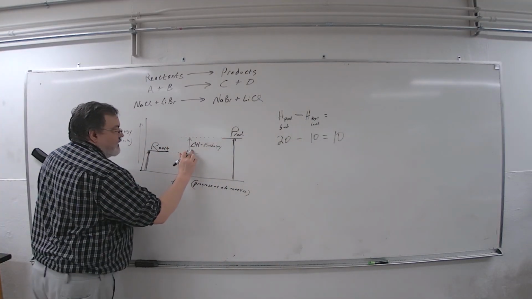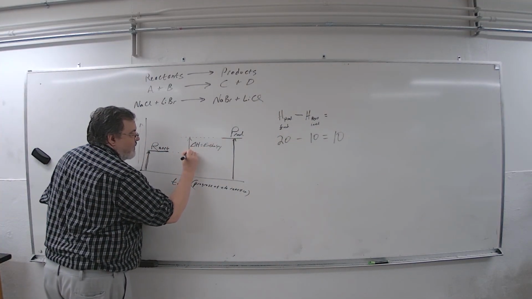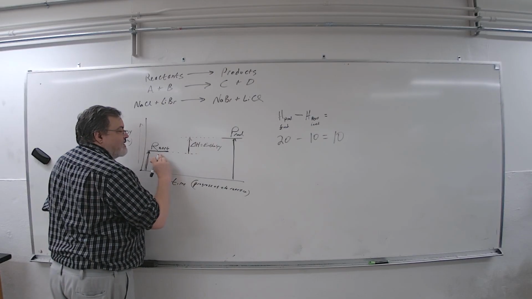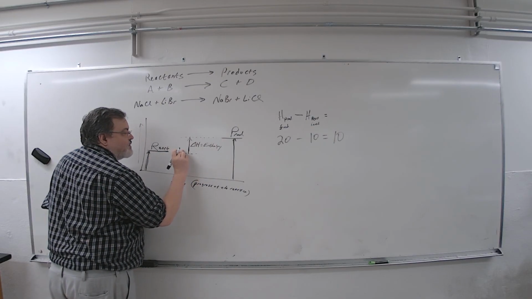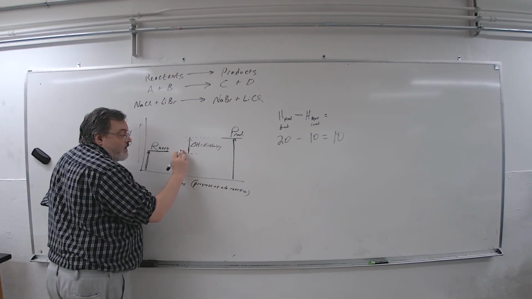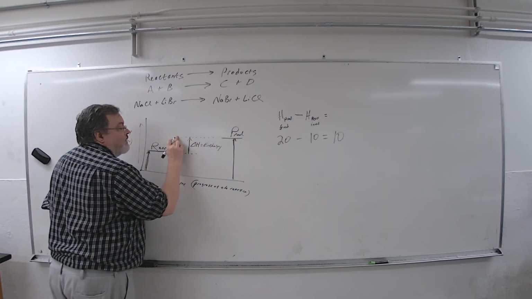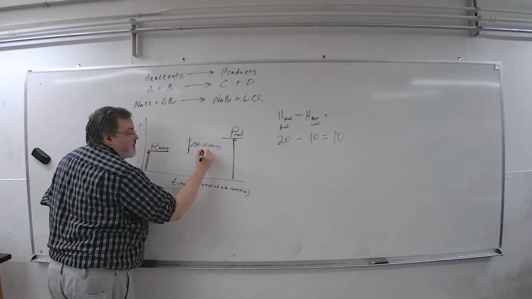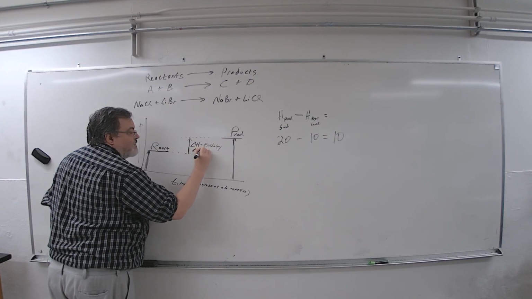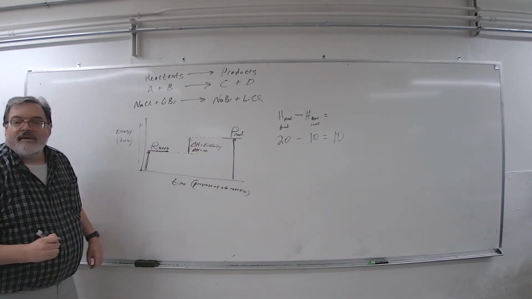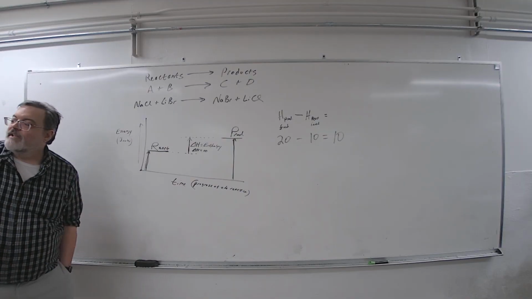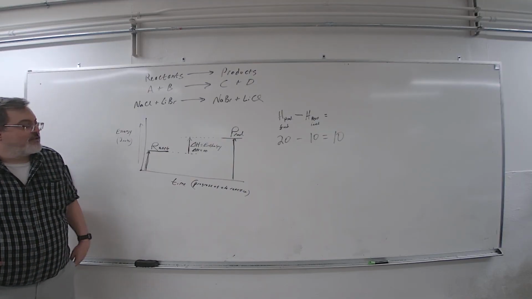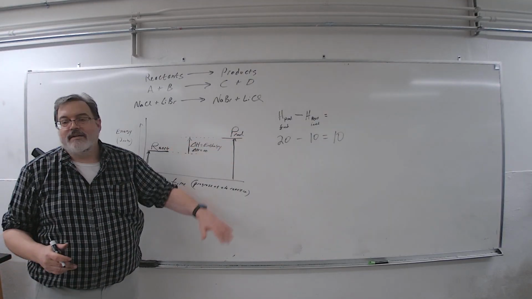What I'm saying is, instead of doing a double arrow, what happened from the beginning to the end is energy in the atoms that are there, or the molecules that are there, went up. So this is 10, for my little weird example here, delta H equals 10. You see what I'm saying? The delta H is the difference between reactants and products.